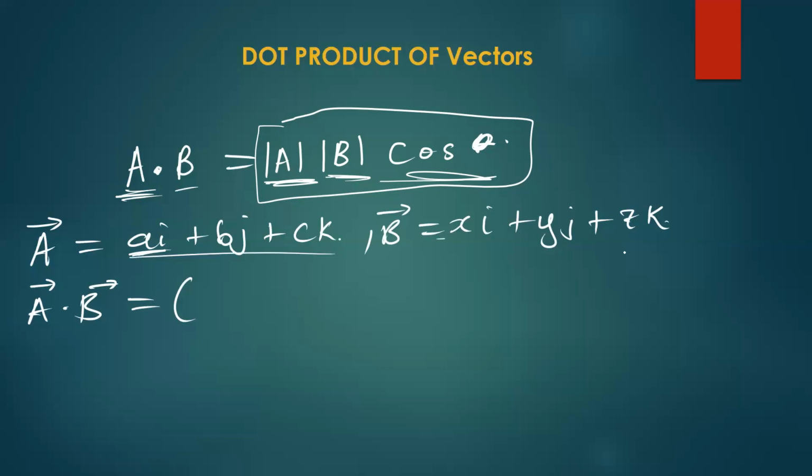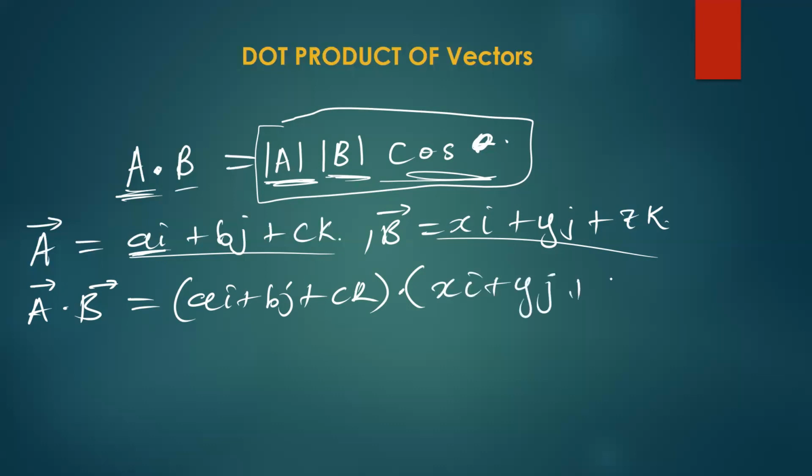You multiply this and that one. So you're going to have AI plus BJ plus CK being multiplied by XI plus YJ plus ZK. So you multiply everything the normal way we multiply mathematical equations.